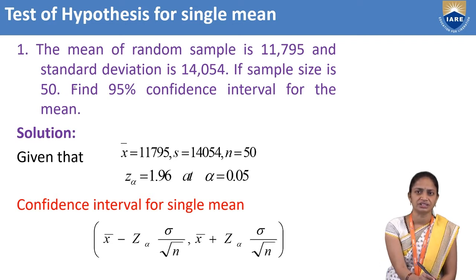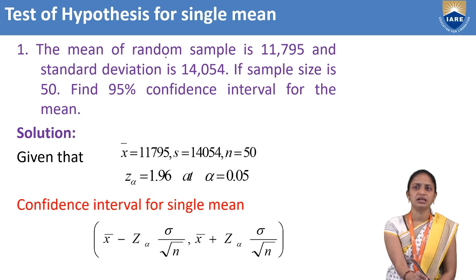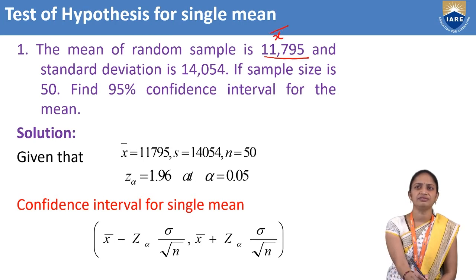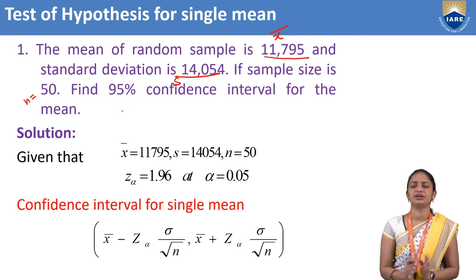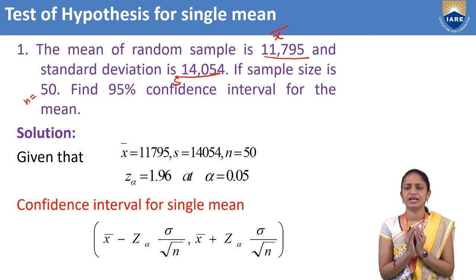In our question, they have given the mean of the sample, which is denoted with x bar, and standard deviation of the sample is denoted with s. The sample size is denoted with small n. Here we need to find the confidence interval.